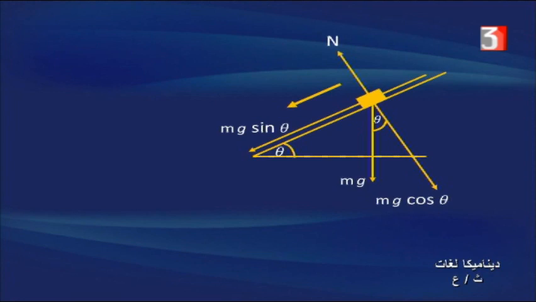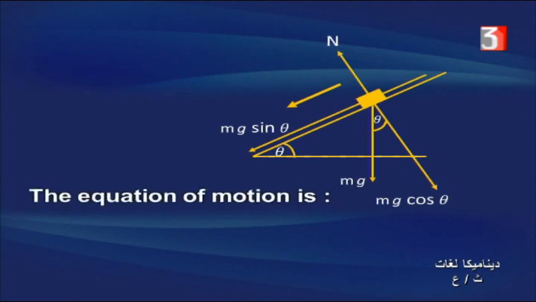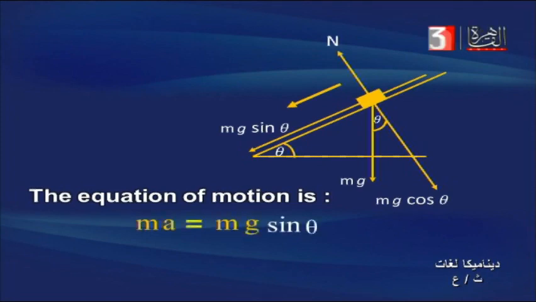Then what is the equation of motion in this case? In this case, ma equals mg sine theta. Mg sine theta is the force acting on the body in this case. We can cancel the mass from both sides.